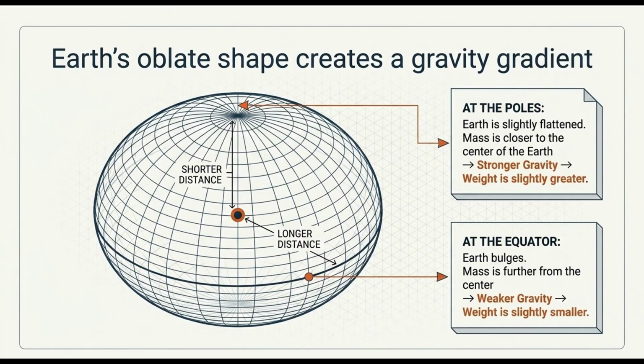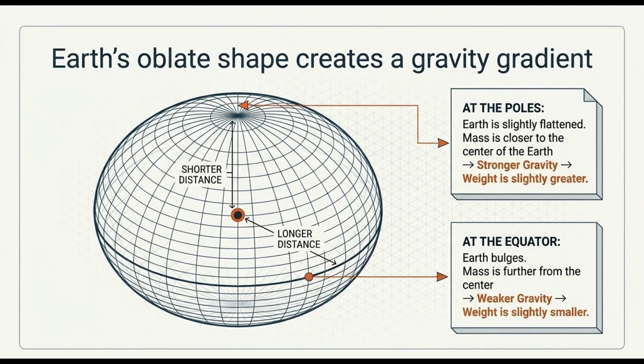Because gravitational force decreases with distance, gravity is slightly stronger at the poles and slightly weaker at the equator. This means a person would weigh a little more at the poles and a little less at the equator, even though their mass remains unchanged. Although the difference is small, it demonstrates that weight depends on gravitational strength. That is the point.